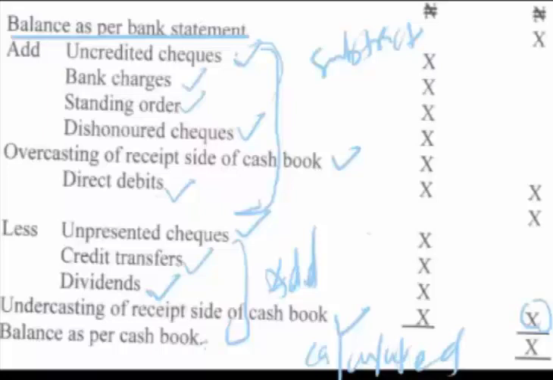So there is need for you to cross-check again to actually get where the error is from, because the balance as per cash book calculated and the actual balance of the cash book for the period must be equal.